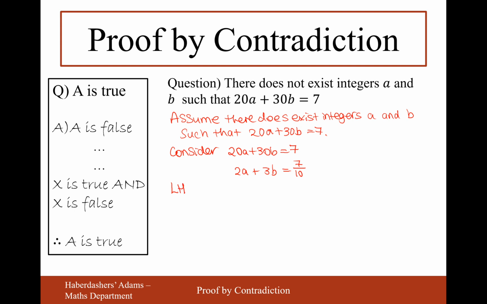And in this expression, on the left-hand side, 2a is an integer, whole number. 3b is an integer. So therefore, 2a plus 3b is an integer. And on the right-hand side, we have 7 over 10, which is not an integer.